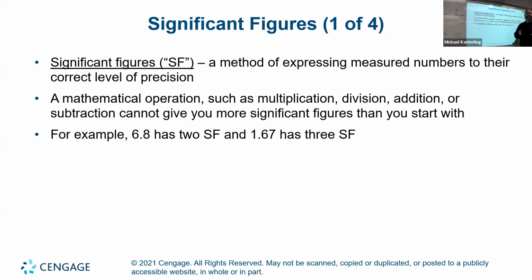Any mathematical operation like multiplication, division, addition, or subtraction can't give you more significant figures than you started with. So for example, 6.8 has 2 significant figures. 1.67 has 3 significant figures. You can count them.